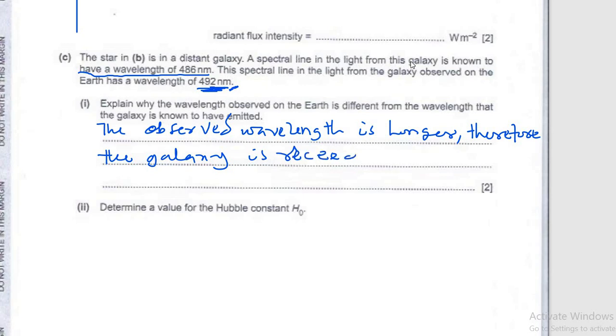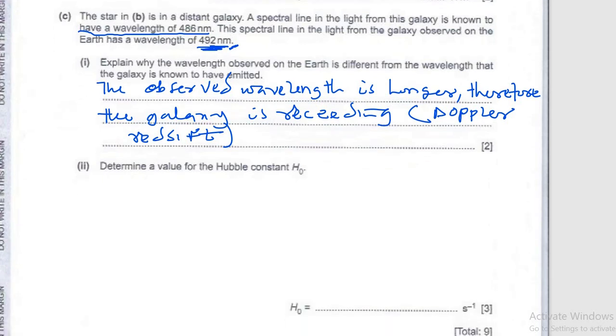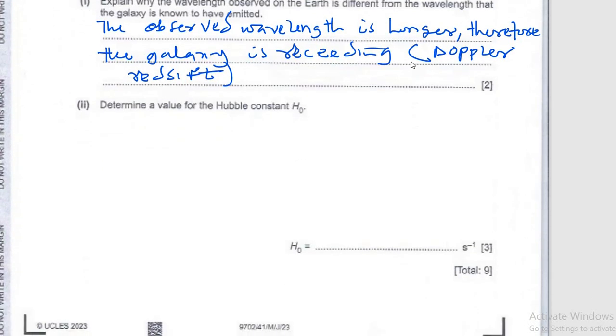So, in brackets, when the galaxy is receding, we call the effect Doppler redshift. When it's moving away, Doppler redshift. That's it. And the last question, we have to determine the value for the Hubble's constant.